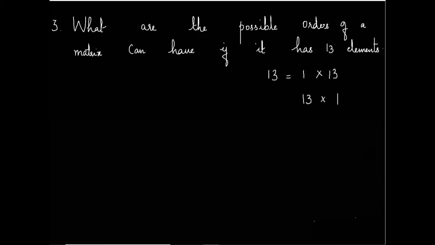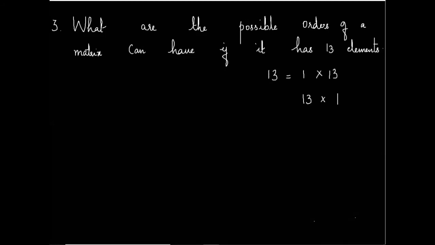So when we express these two pairs in ordered pair notation, we can have ordered pair 1, 13 and 13, 1. And in these ordered pairs, the first element represents the number of rows and the second one represents the number of columns. So when you multiply the number of rows by the number of columns, you will get the total number of elements of this matrix, and here it is 13. So here we have two possibilities, 1, 13 and 13, 1.